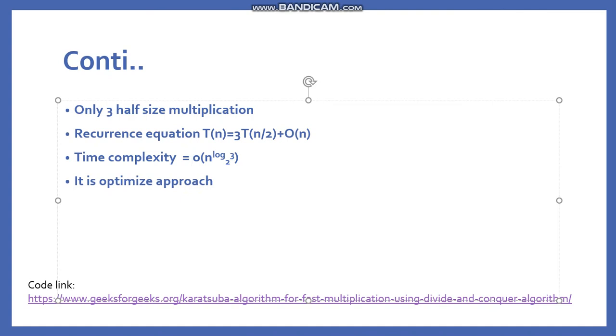This is less than n square, something less than 2. For large size multiplication, this makes a very big difference in time complexity. So this is the optimized solution. This is the code link for it.